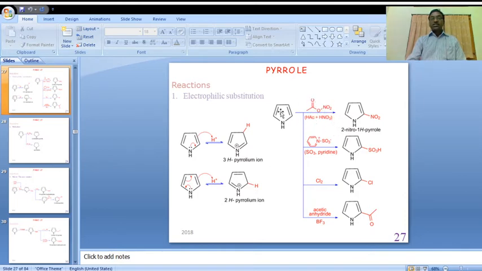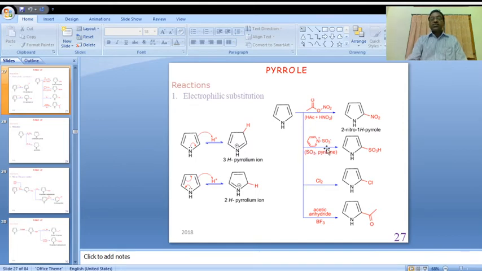In this reaction, a nitro group electrophile is generated. That nitro group electrophile attacks the C2 position. It forms the second-position substituted compound, 2-nitro-1H-pyrrole. This is about nitration.